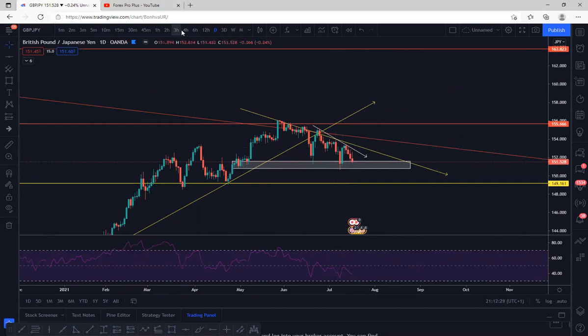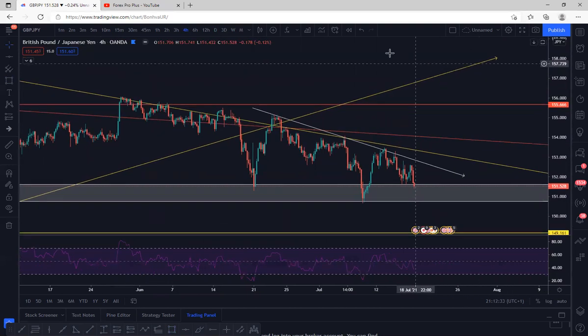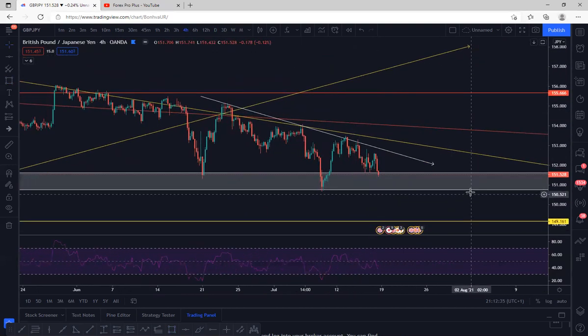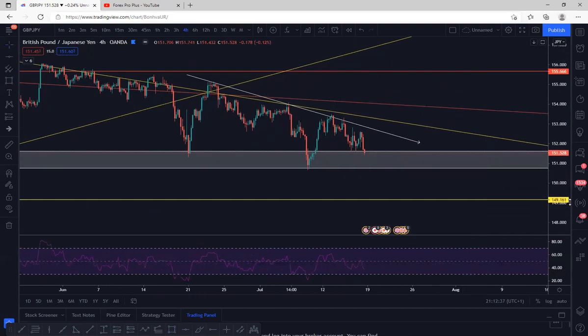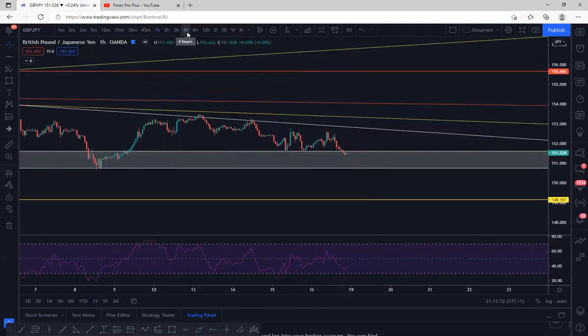But how are we going to take our entry? That's the whole thing. In fact, there's an entry right now because the price has bounced back just by the trend line here, looking at the 4 hour. Let's see what's happening in 1 hour. Yeah, similar situation in 1 hour.